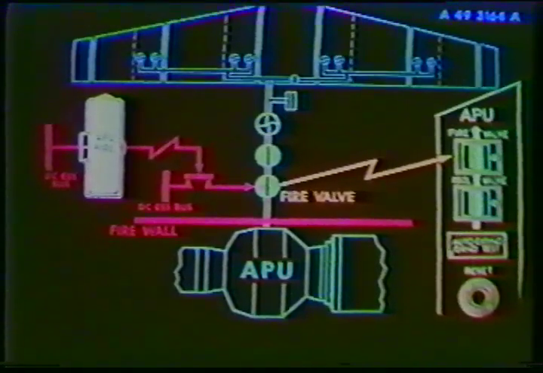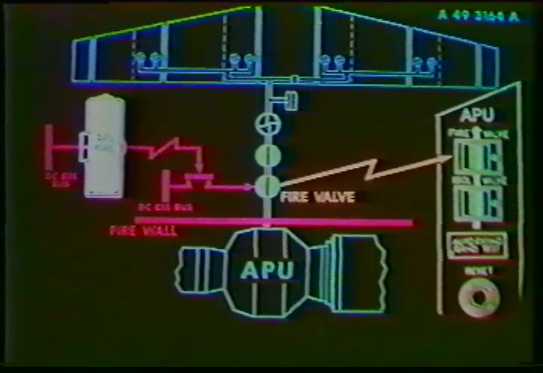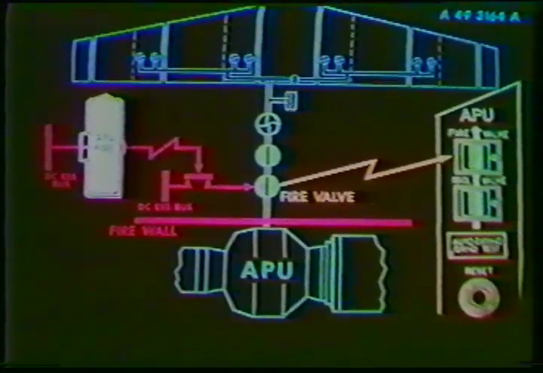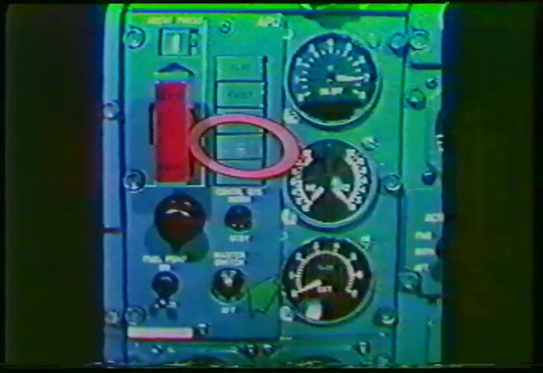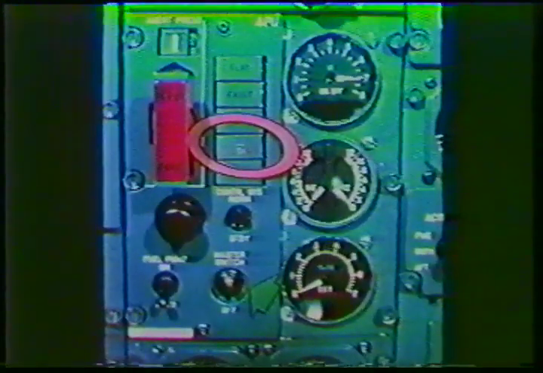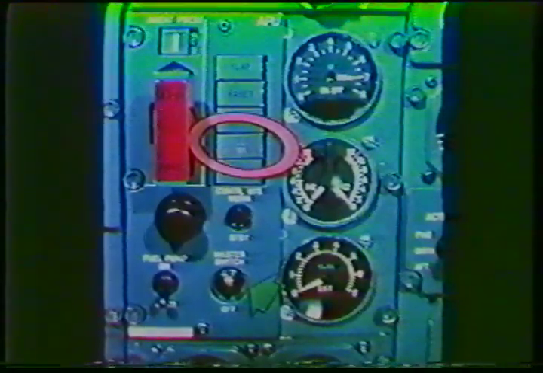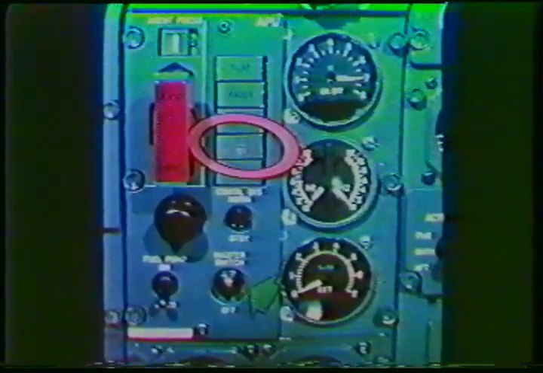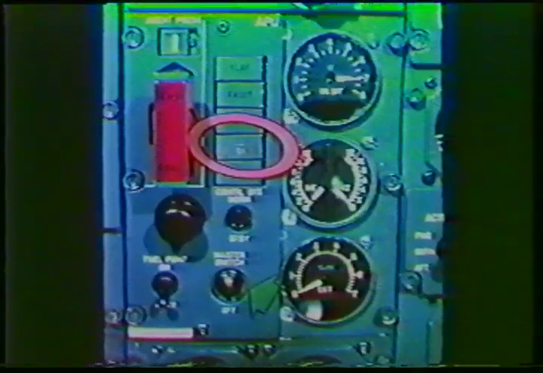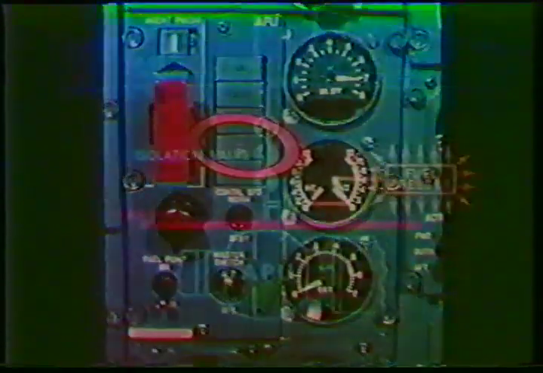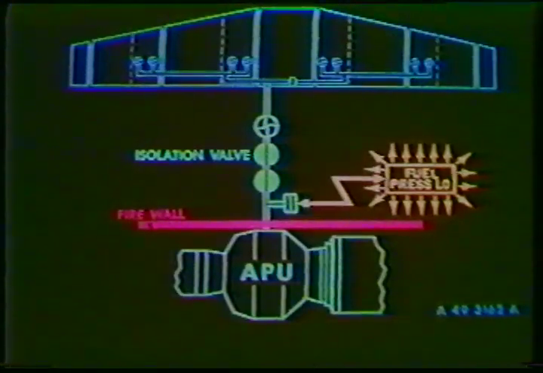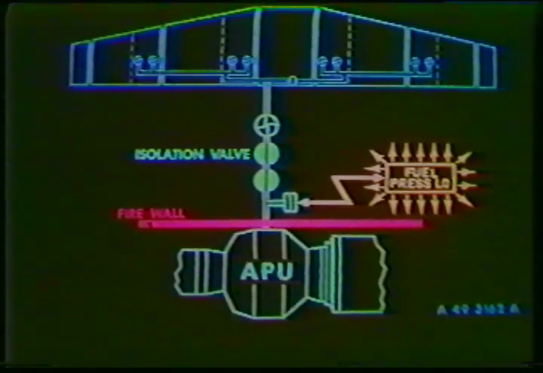The operation of this handle is explained in the fire protection course. A fuel pressure low light will illuminate amber any time low fuel pressure is detected downstream of the APU fuel pump. When the master switch is set from off to master switch, this warning light illuminates momentarily during the time which the isolation valve opens.